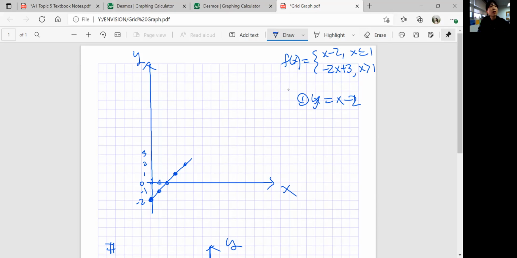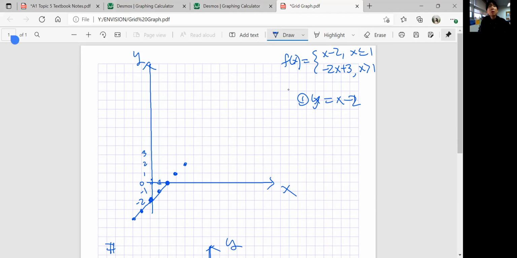So you do not graph when x is greater than 1. So you're going to ignore the points when x is greater than 1. So to the right of this point, you're going to ignore, okay? And x is less than or equal to 1.